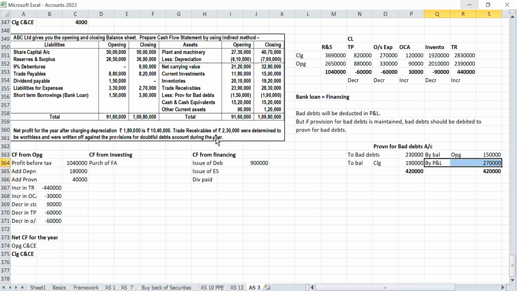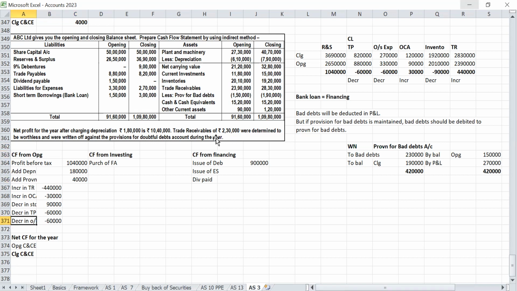If you add this 2,70,000, some more adjustments will come. That is all confusing and not required. So the provision for bad debts working note I am showing separately. This is not required for this examination purpose. Provision for bad debts 1,50,000 is becoming 1,90,000, so the 40,000 increase should be added to profit.